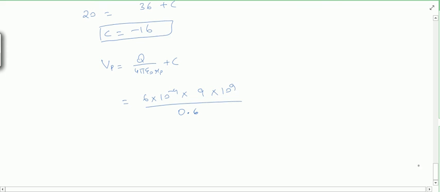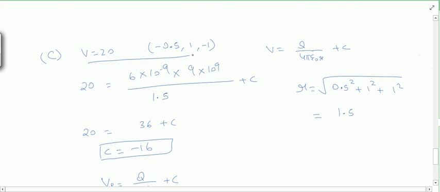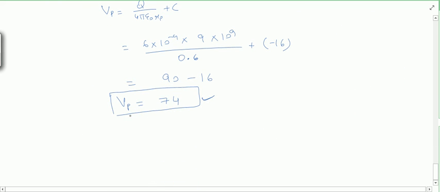So I have put this and the value of C. C is minus 16. So we have solved this as 90, and 90 minus 16 is 74. So if the reference point is shifted, our potential also gets changed because the reference is changed. So with reference to this point at which potential is 20, the potential at point P is 74 volts.